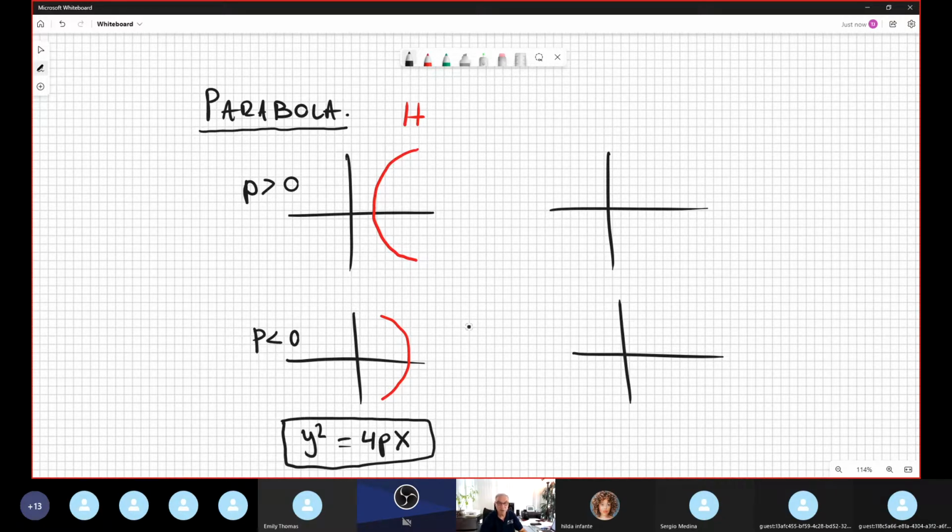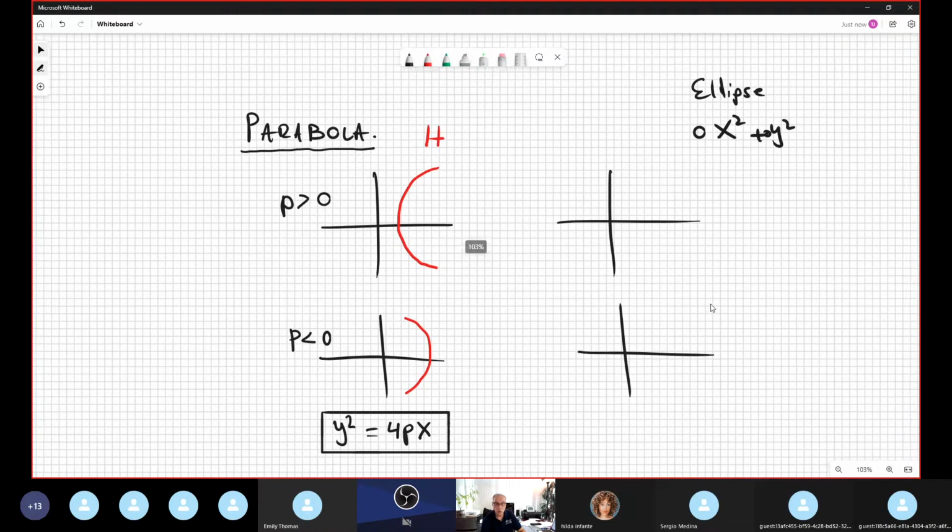So the parabola is different. Recall the ellipse: we have x squared plus y squared, one number here, one number here, not necessarily the same.